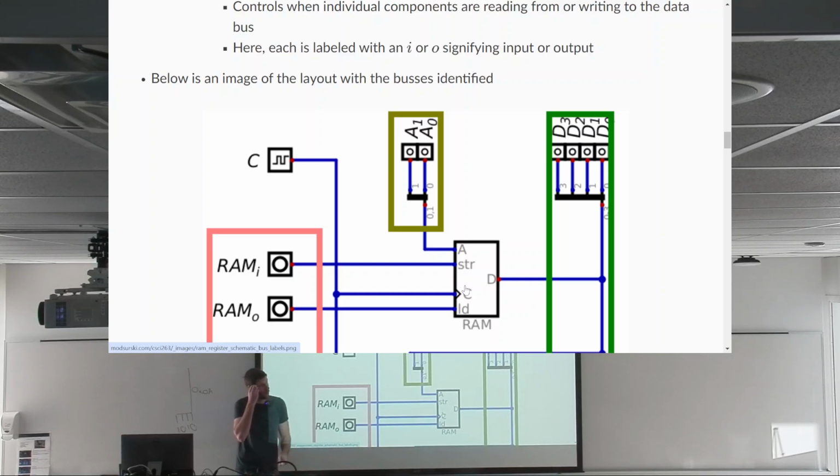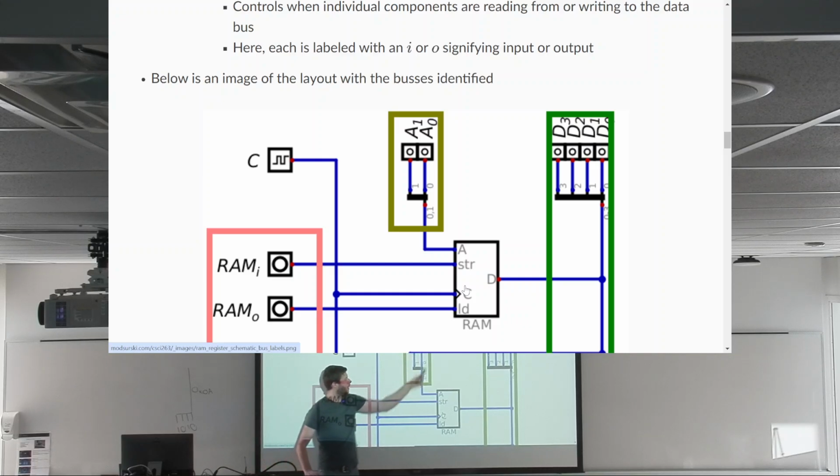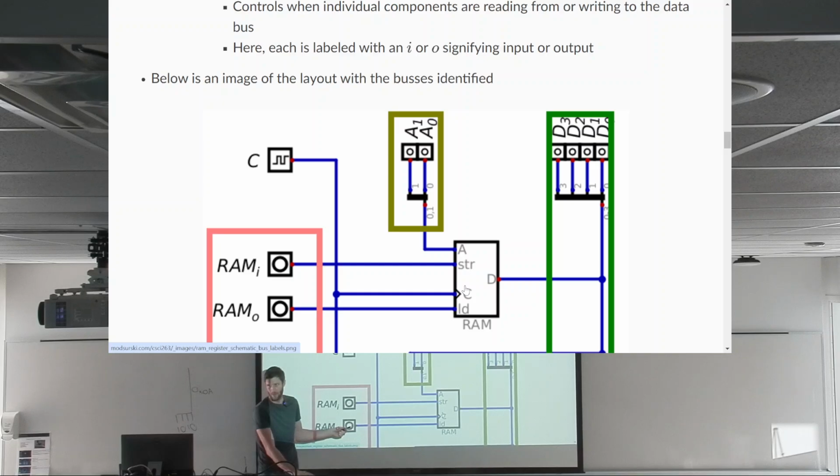If I want to read from RAM, output from RAM, and I want to output memory address 2, I would say, okay, 1, 0, output. This just says what row are we looking at? What memory address are we looking at? And then this controls, are we going in or out? That's what that's doing.